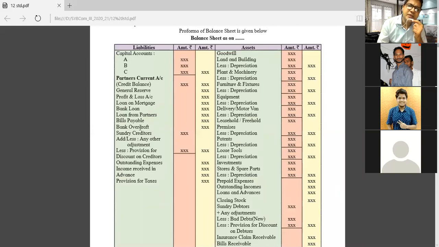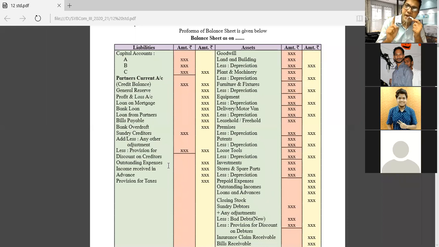Then current liabilities include bills payable, bank overdraft, sundry creditors, and sometimes other adjustments and provision for discount; the adjustment is added, the provision for discount is deducted. Outstanding expenses we record on the liability side.